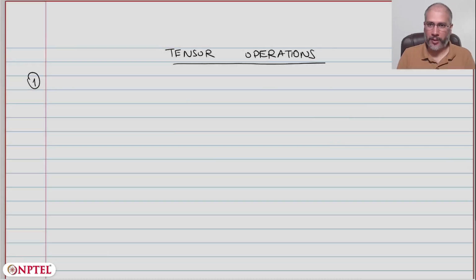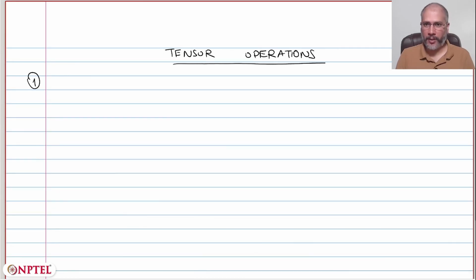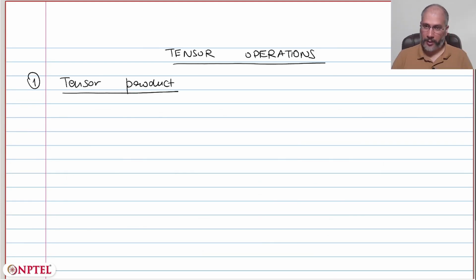So the first product we'll talk about today is called the tensor product. The tensor product is also called the outer product.